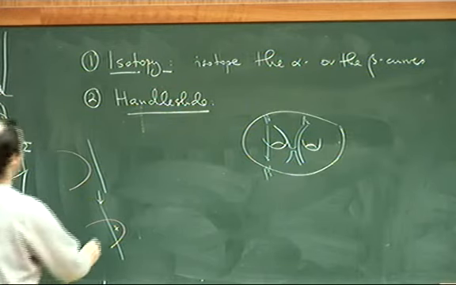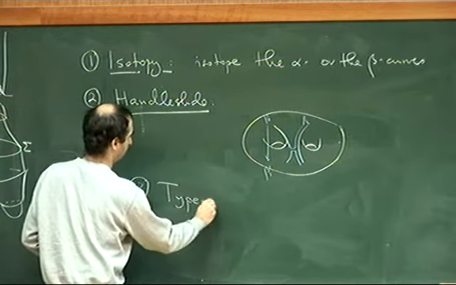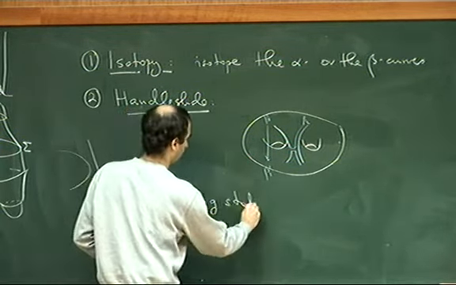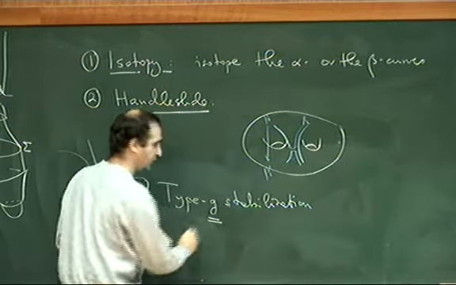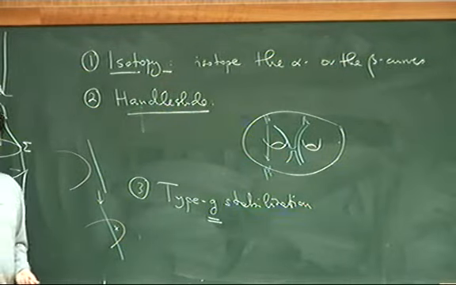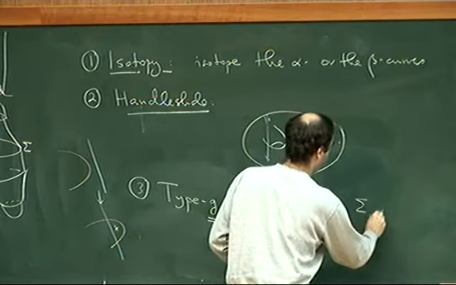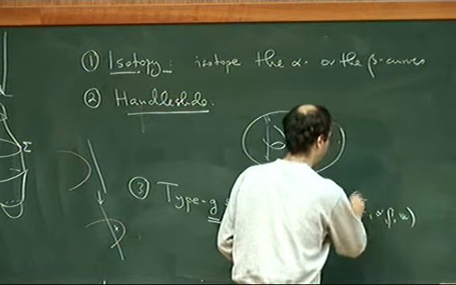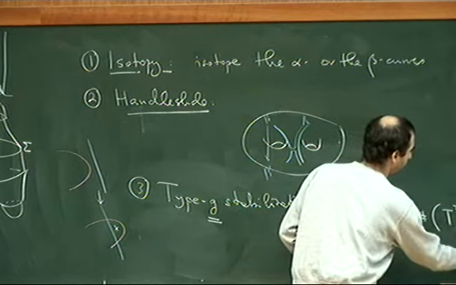Okay, and then there are two more. There is a type G stabilization. Here the G stands for the genus, which just means that we have sigma, alpha, beta, W, and we connect sum it with T2, alpha 1, beta 1.